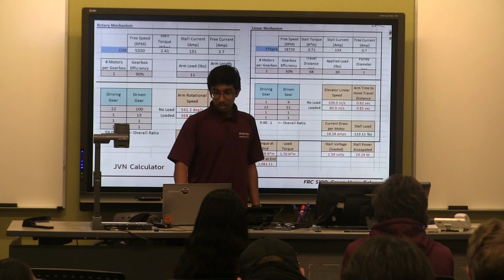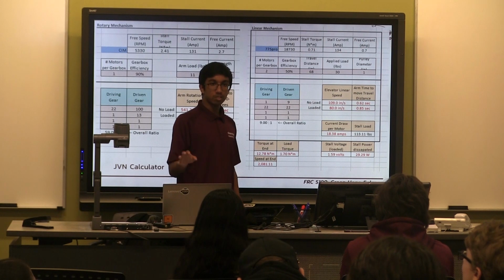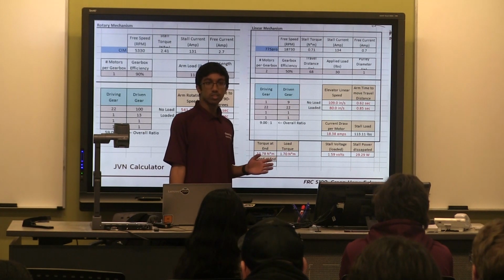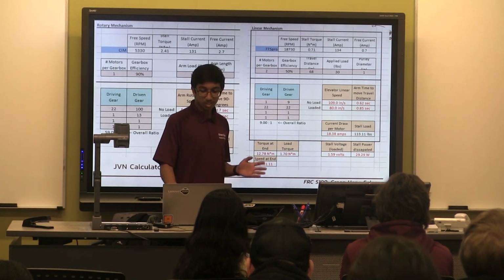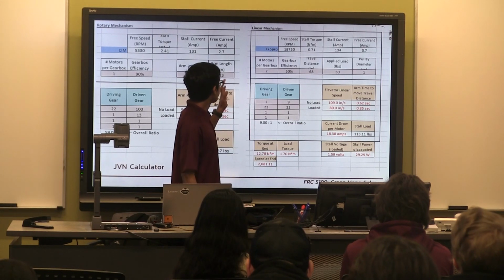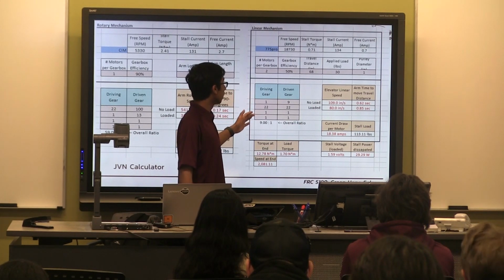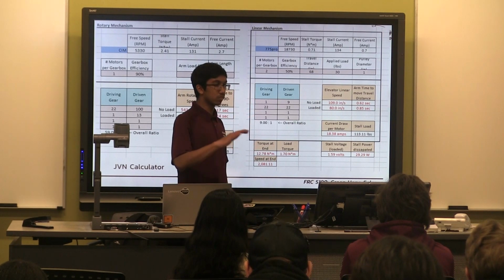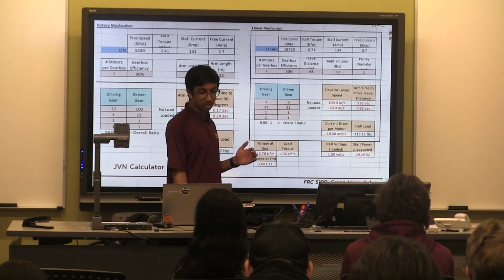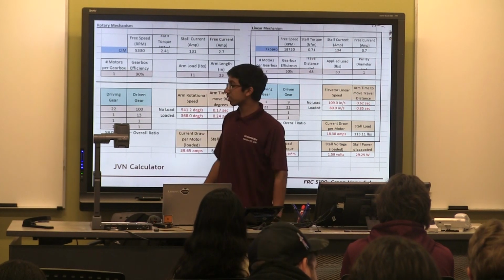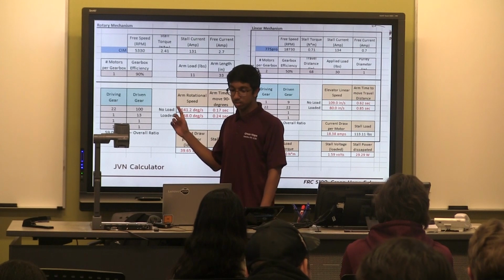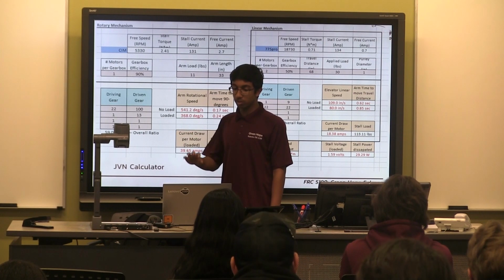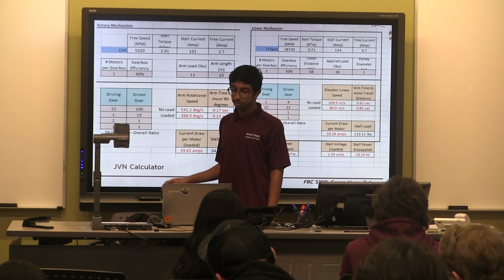Are there any rookie teams here that don't know what JVN is? Alright, since you know what JVN is, we used JVN this year to get a basis of understanding of the numbers we could use on our drivetrain. We plugged in our drivetrain ratio numbers, and it gives an estimate of how fast our robot will move.